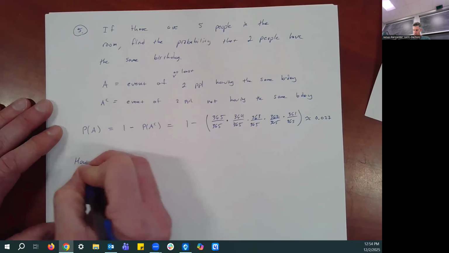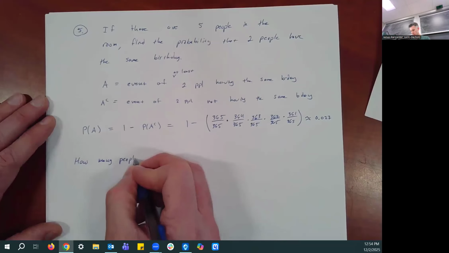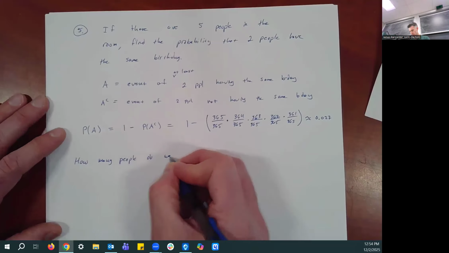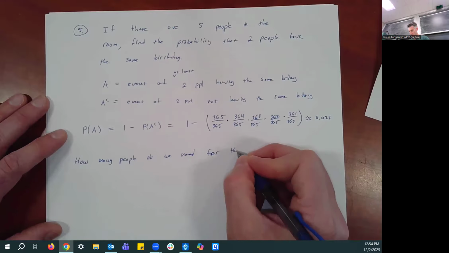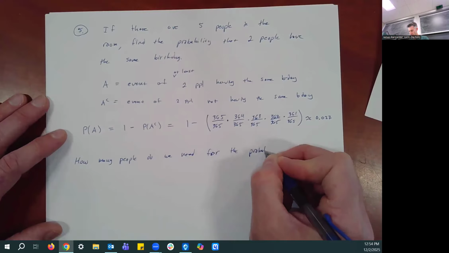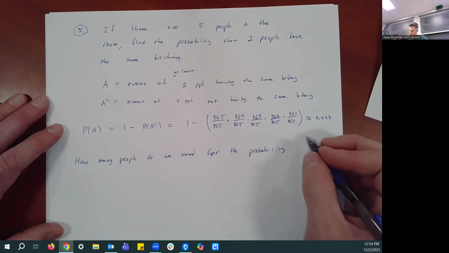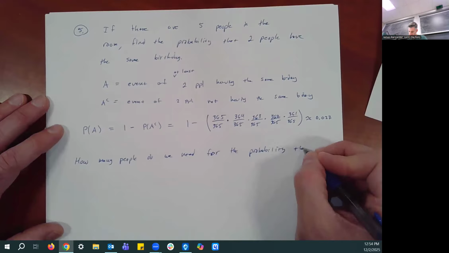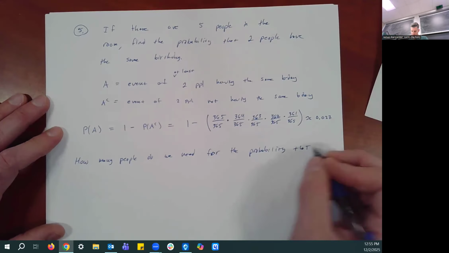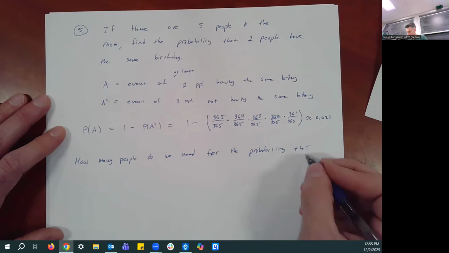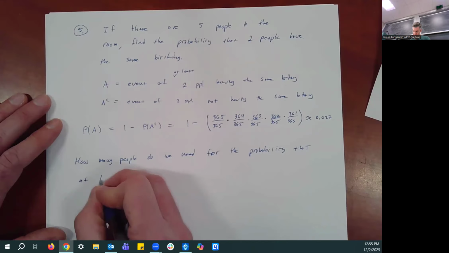Now, what's interesting about this is, how many people do we need for the probability that at least 2 of them have the same birthday to exceed 50%?